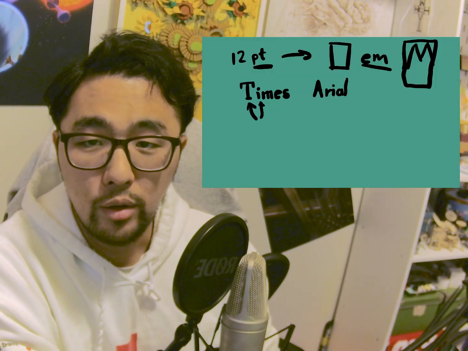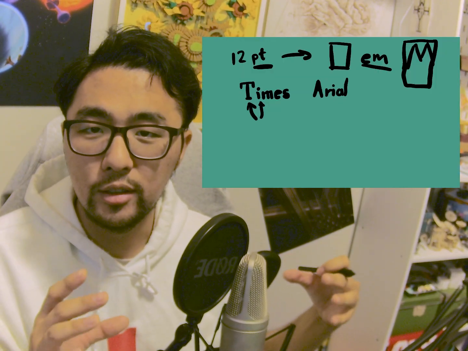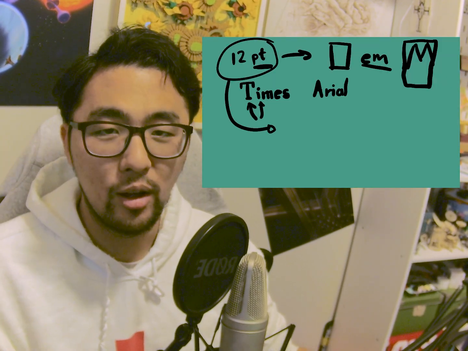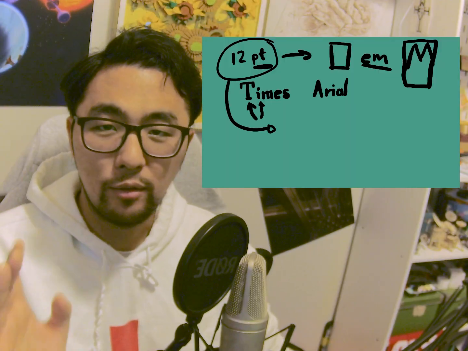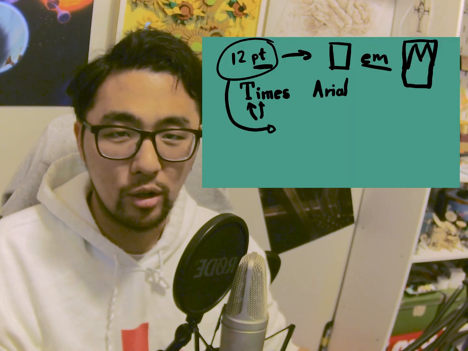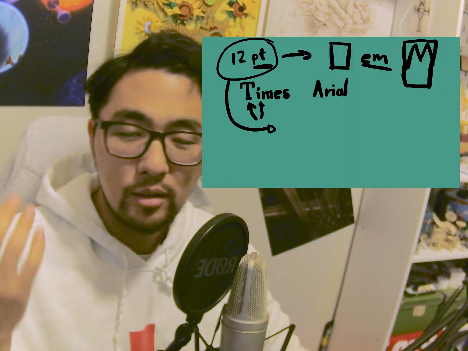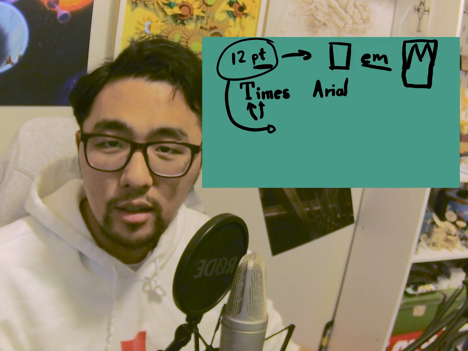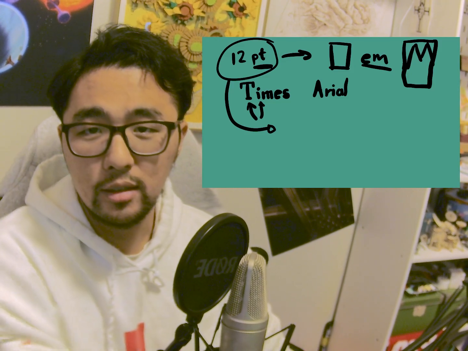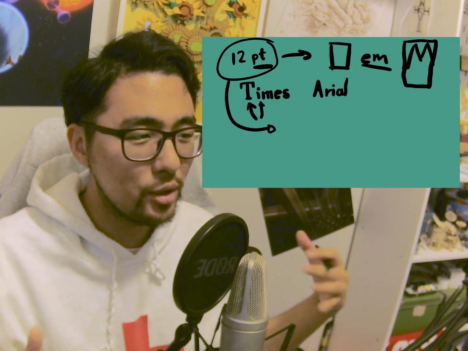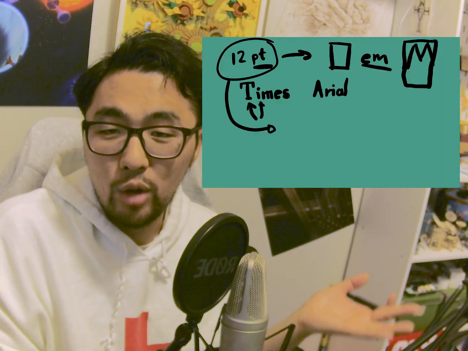So obviously, when you have different fonts, you're going to have different sizes of the letters, which is why I think a lot of teachers ask students to use a specific font when they're asking for 12 or 14 or 10-point font in their essays, because different fonts will give you different sizes of letters and different spacings between the letters as well. This is all like nuanced typography stuff that I just did not know about.